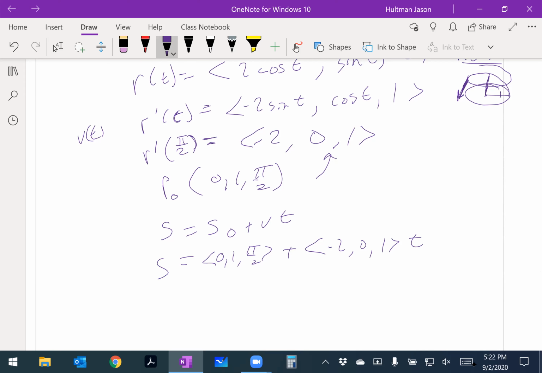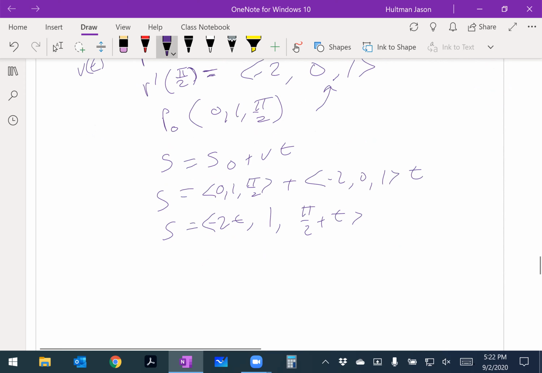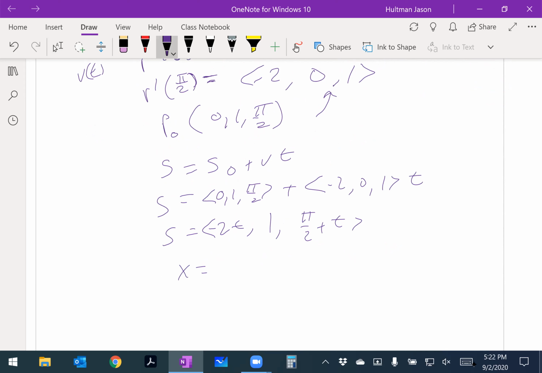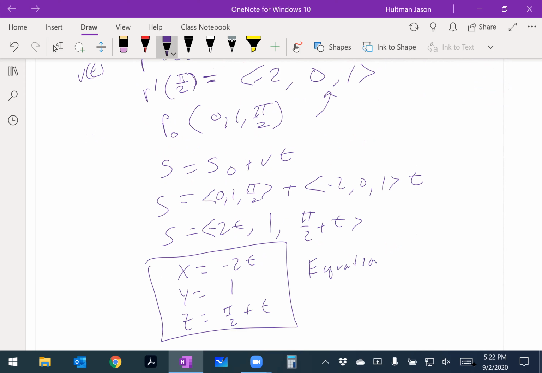So s is equal to -2t, 1, and pi over 2 plus t. If I put this in parametric form, x is equal to -2t, y is equal to 1, and z is equal to pi over 2 plus t. That is the equation of the tangent line in R3.